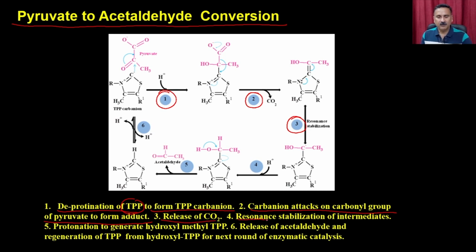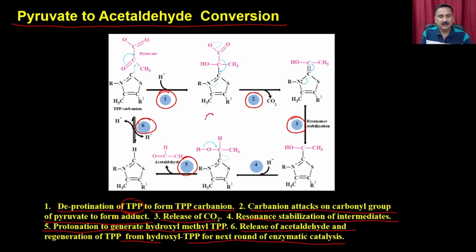In step 4, there is resonance stabilization of the intermediate, and in step 5, there is protonation of the hydroxyethyl TPP, and in step 6 there is release of the acetaldehyde and regeneration of TPP from the hydroxyethyl TPP for the next round of enzymatic catalysis.